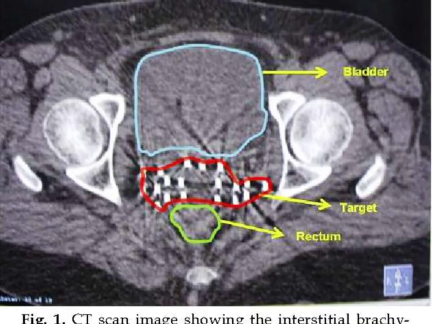Given the difficulty in passing the applicators, we can give the leftover 30 gray by the 3D CRT system. You can appreciate the rectum, the target, the cervix, the urinary bladder and both femoral heads. The isodose is calculated after taking a CT scan, contouring is done, the isodose distribution is seen, and radiotherapy is delivered.